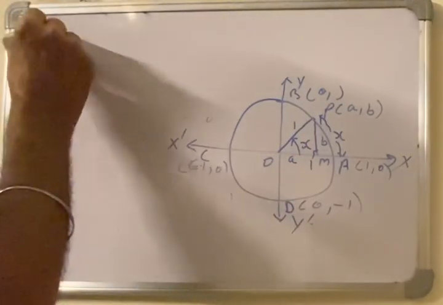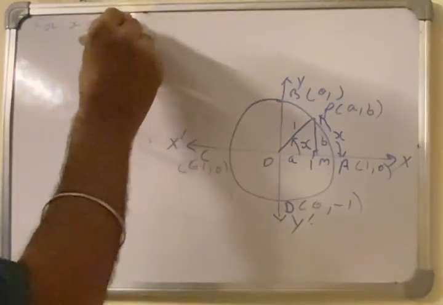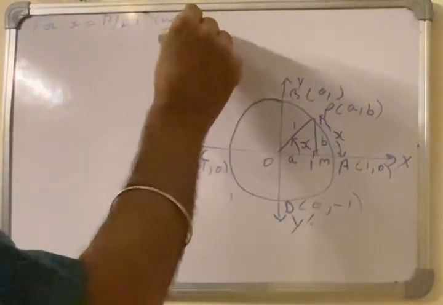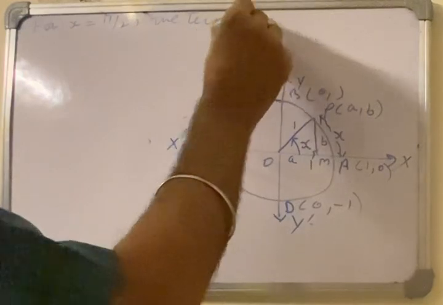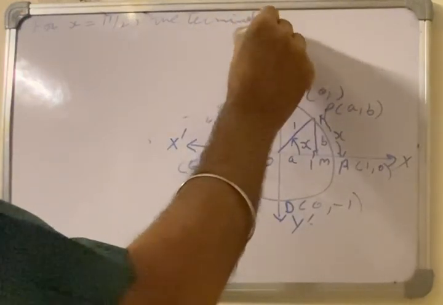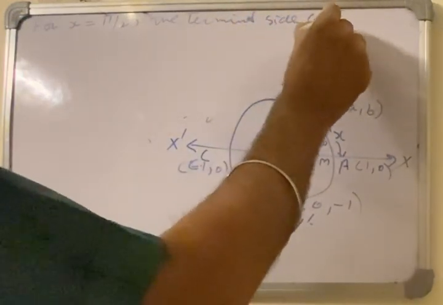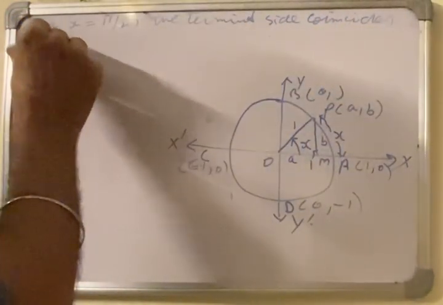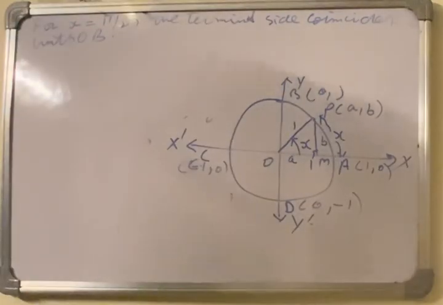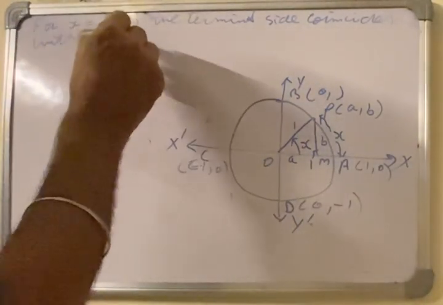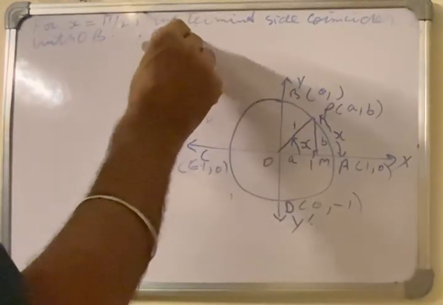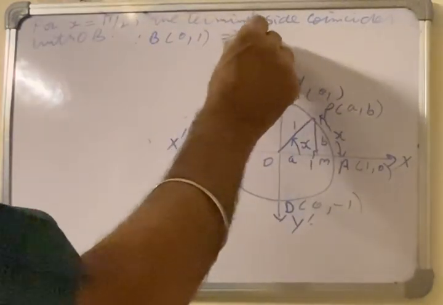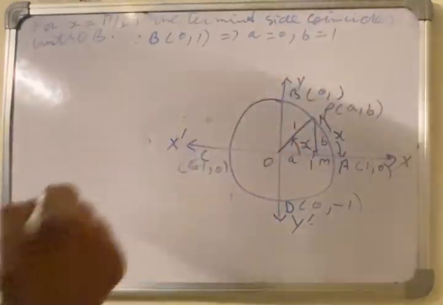For x is equal to pi by 2, the terminal side coincides with OB. Since B is (0, 1), therefore a is 0, b is 1.